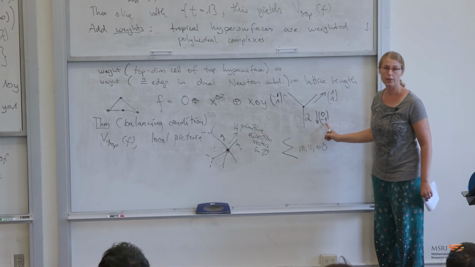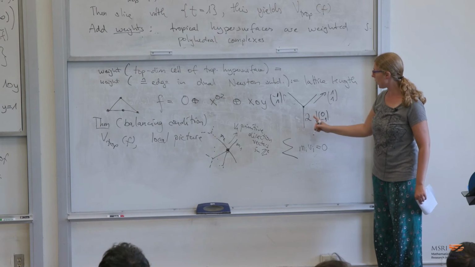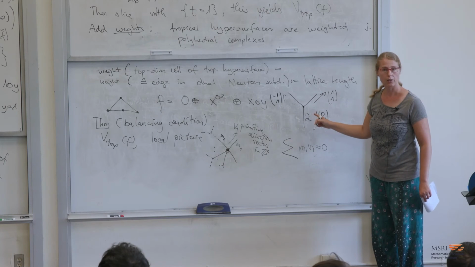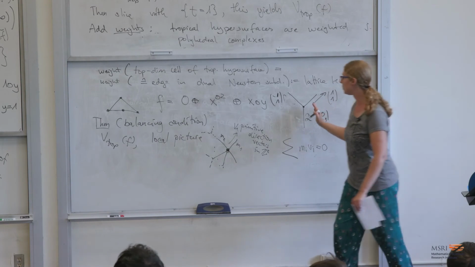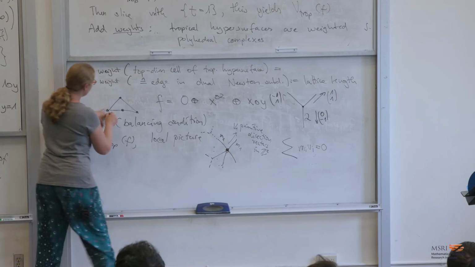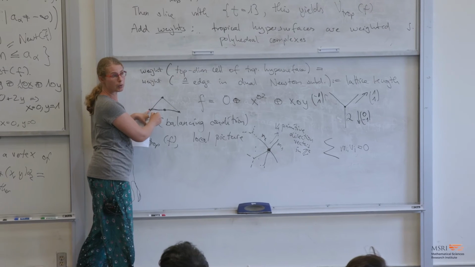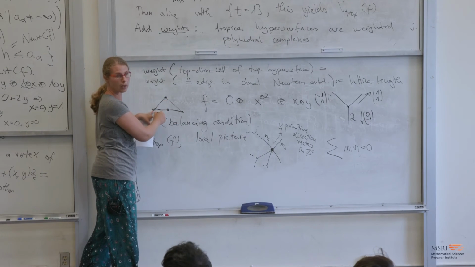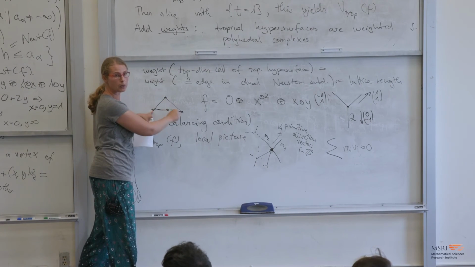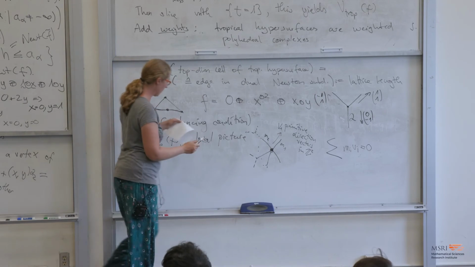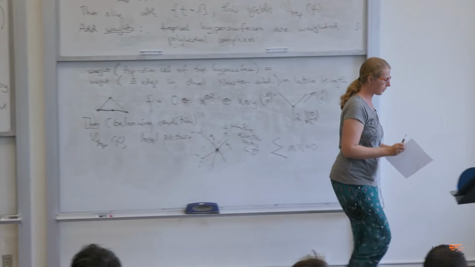Yeah? And why does this work out? Because those direction vectors times their weight are precisely orthogonal to the edges in my dual polygon. And the fact that they sum up to 0 just means that the polygon actually closes up. Yeah? The vectors, if I put them one after the other, close up. That's why the balancing condition holds.